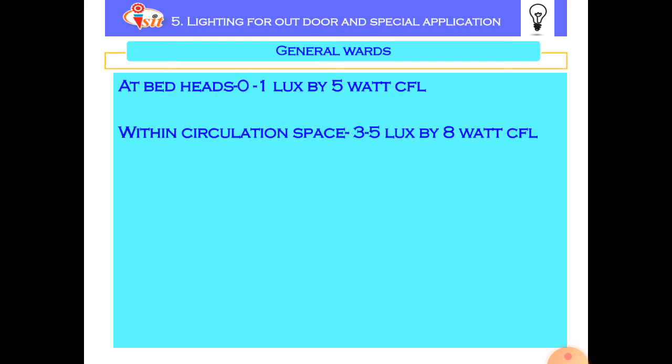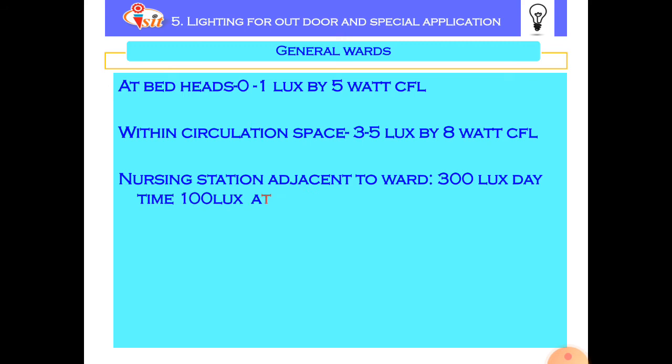Within circulation space, 3 to 5 lux by 8 watt CFL, and where the nursing station adjacent to the ward is 300 lux for the daytime and 100 lux at night hours.